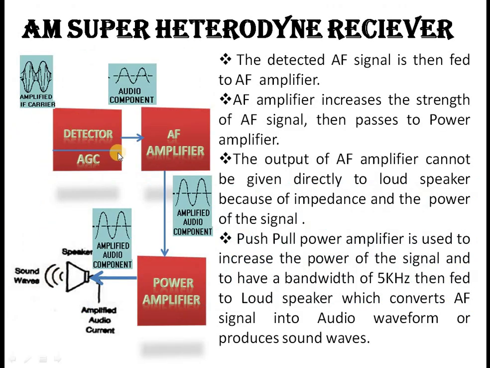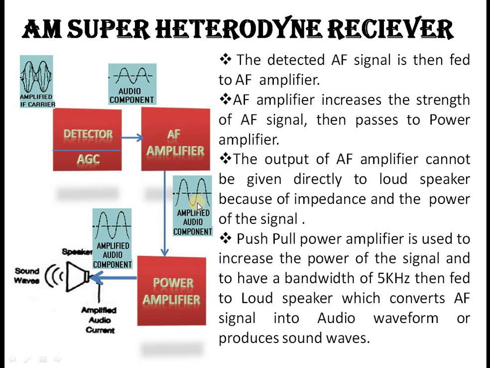Now, the output of the detector is given to audio frequency amplifiers. As the detector extracts the audio frequency, the strength of this audio frequency should be increased before giving it to a loudspeaker. So initially we use audio frequency amplifiers, called pre-amplifier stages, wherein the strength of the audio signal is sufficiently increased.